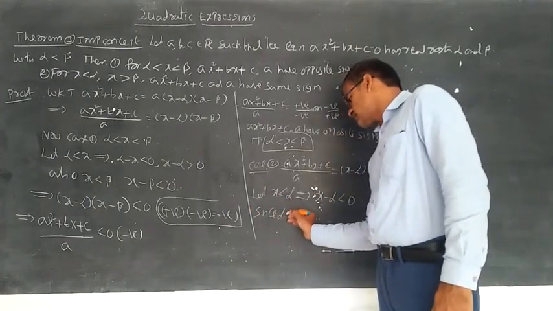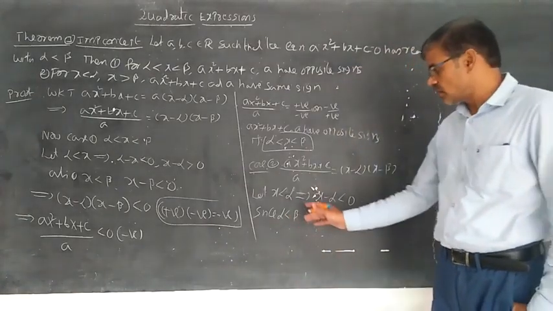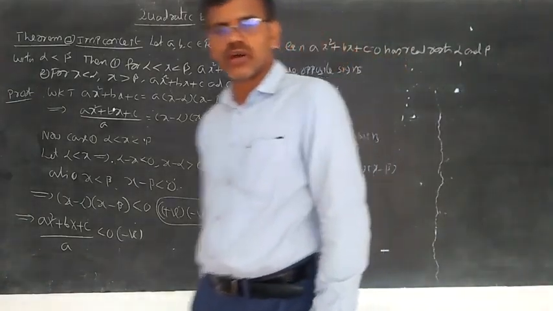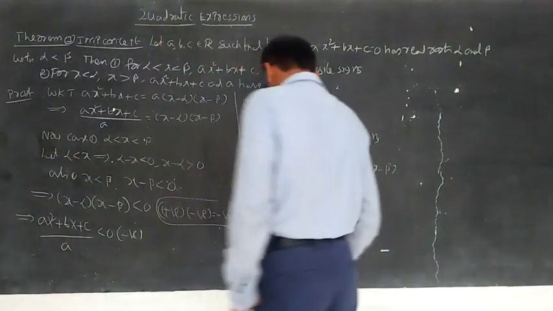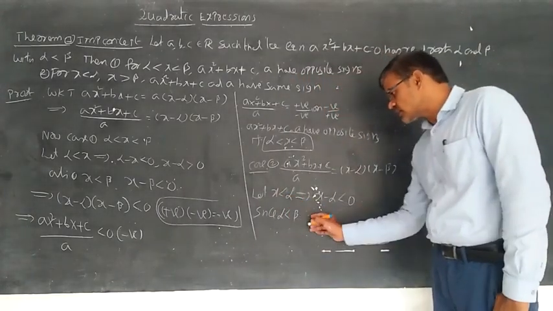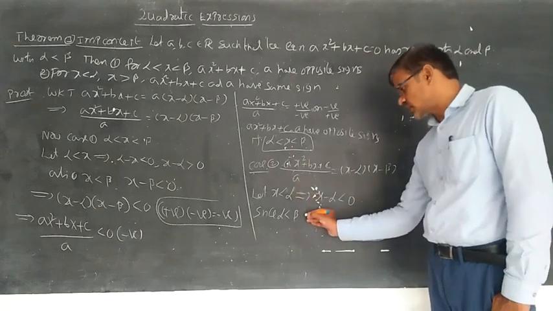Since alpha is less than beta, alpha is a smaller value than beta. Whenever alpha is less than beta, we can understand x is also less than beta, because x is smaller than alpha, and alpha is smaller than beta, so beta is bigger than x.